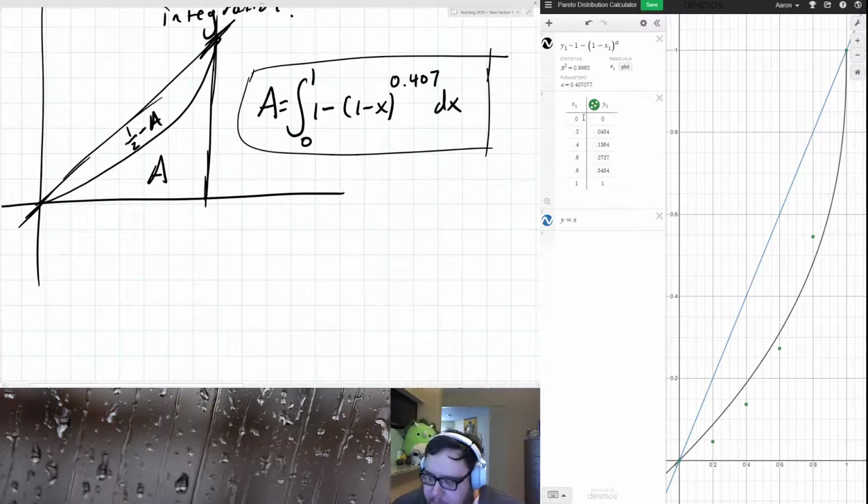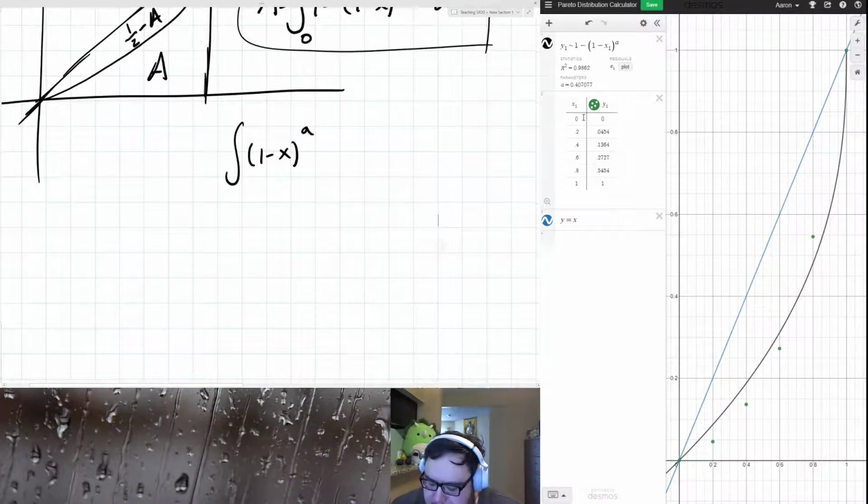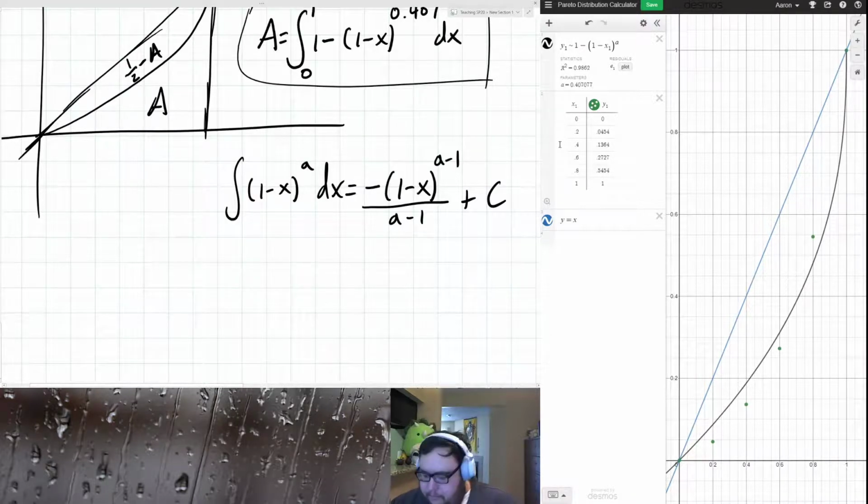But right now, and this is in the quiz I'm handing out, the integral of 1 minus x to the power of a is equal to negative 1 minus x to the power of a minus 1 divided by a minus 1 plus a constant. Sorry, that's a plus 1 over a plus 1.